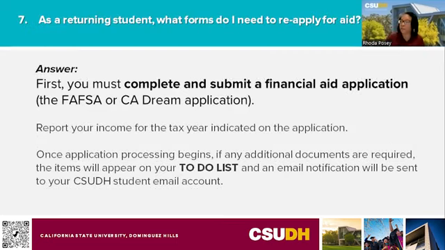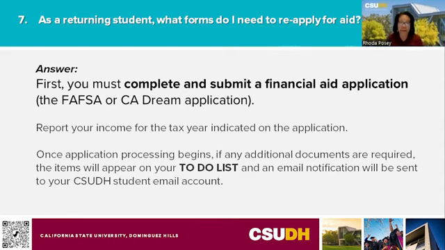Number 7, as a returning student, what forms do I need to reapply for aid? Well, the first bullet: you must initially complete your application. Complete that FAFSA or the CalDREAM application, depending on which one you're eligible to submit. You want to report your income for the tax year that they're asking for on the application.